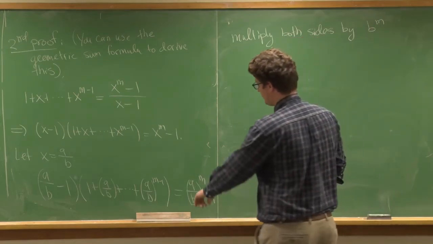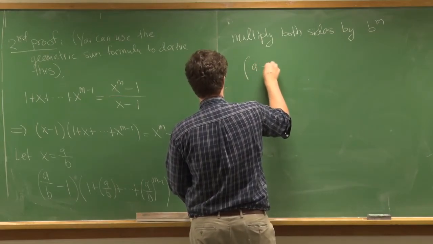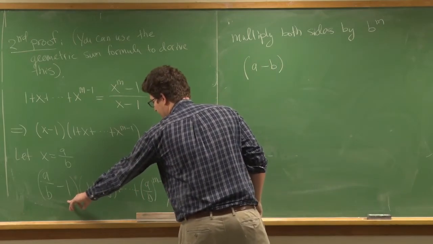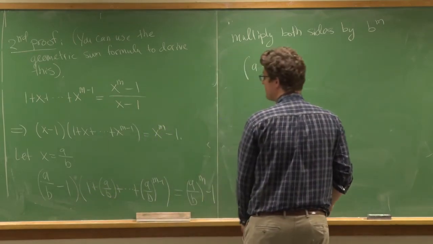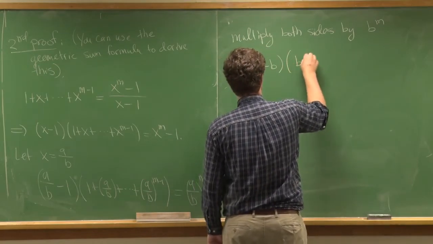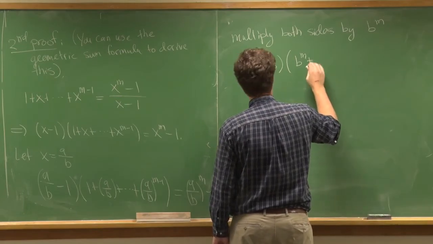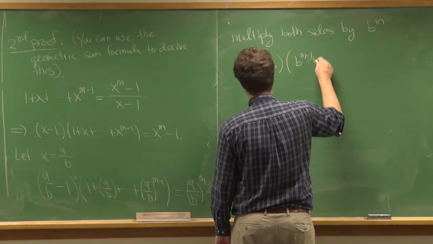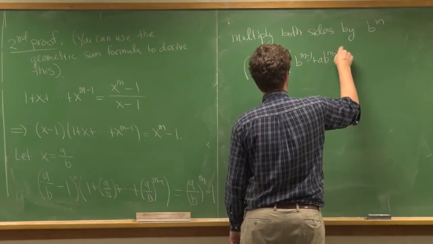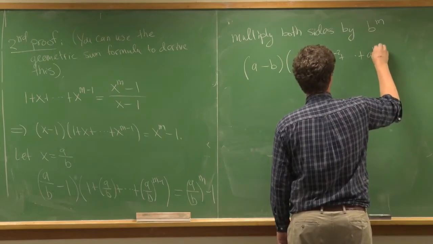So this gives us, well, we'll have a minus b. So I'm going to multiply this side by b and this side by b to the m minus 1. Okay? Then we get b to the m minus 1 plus a times b to the m minus 2 all the way up to a to the m minus 1.